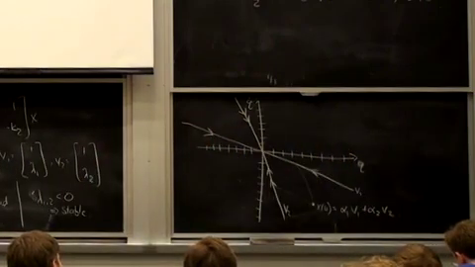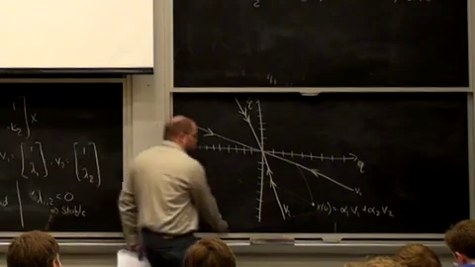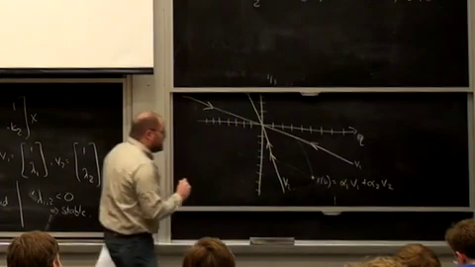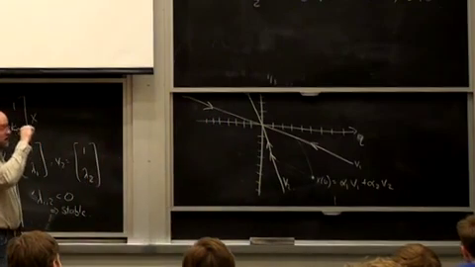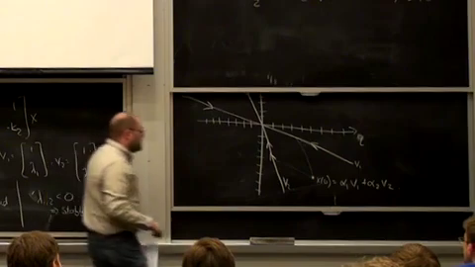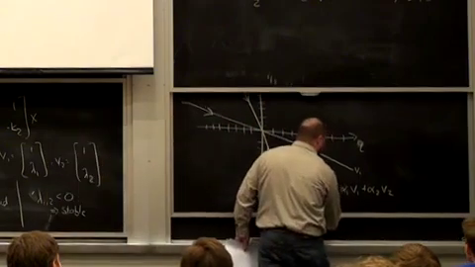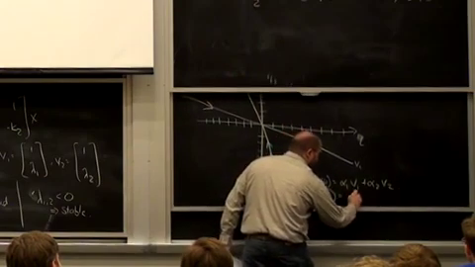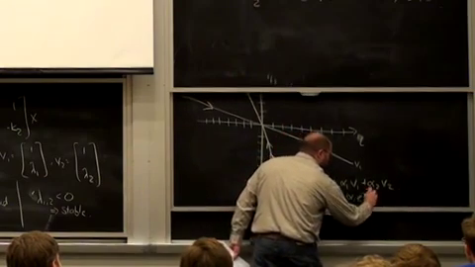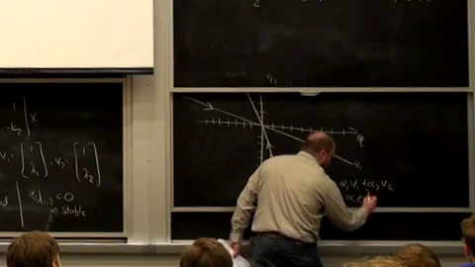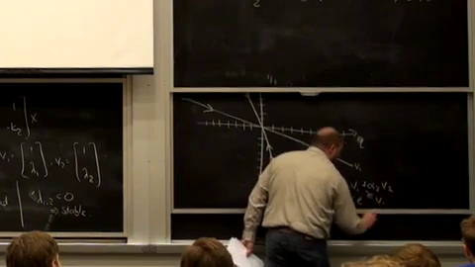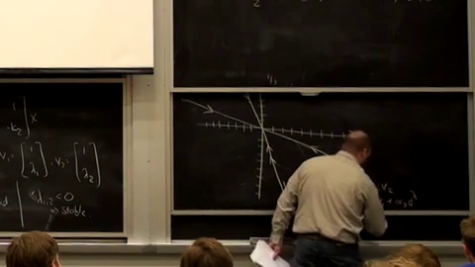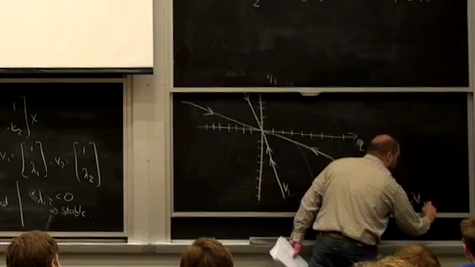Okay, we know that initial conditions that are just on the line v1 go like e to the lambda t v1, so the whole system goes like alpha 1 e to the lambda 1 t v1 (I've got negative eigenvalues) plus alpha 2 e to the lambda 2 t v2.